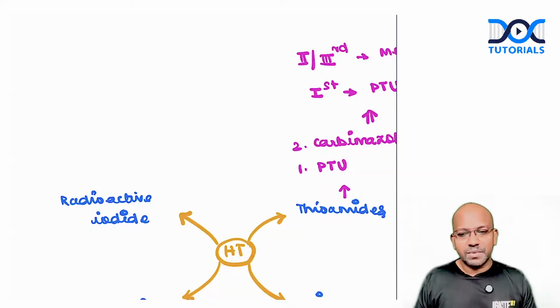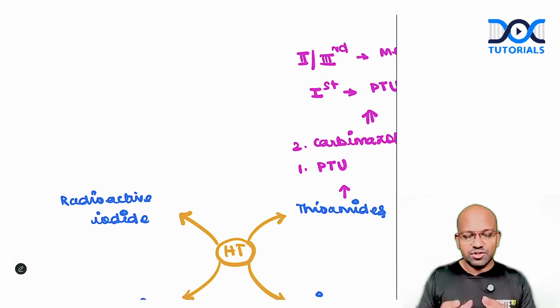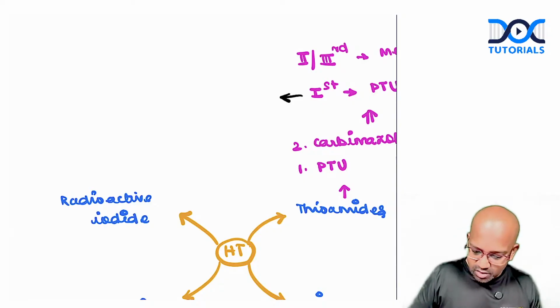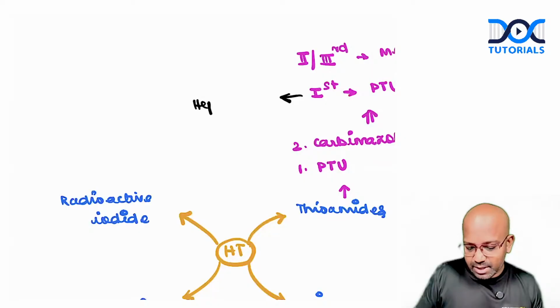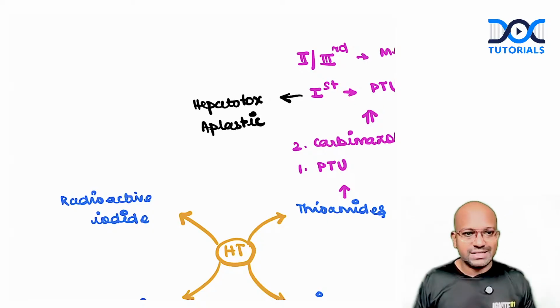Propylthiouracil, which is given during the first trimester, usually is not preferred to be continued during the second or third trimester. Why? Because propylthiouracil might produce severe hepatotoxicity and aplastic anemia, which is more with propylthiouracil.